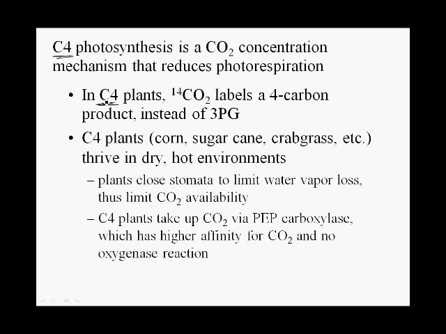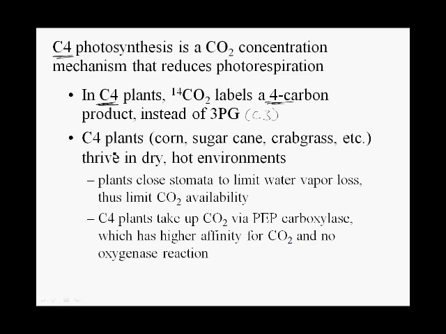C4 plants are called C4 plants because if you repeat Calvin's experiment of labeling with radioactive carbon dioxide, the first product that's labeled is a 4-carbon compound, hence C4, instead of the 3-carbon compound 3-phosphoglycerate, which is called C3 photosynthesis.